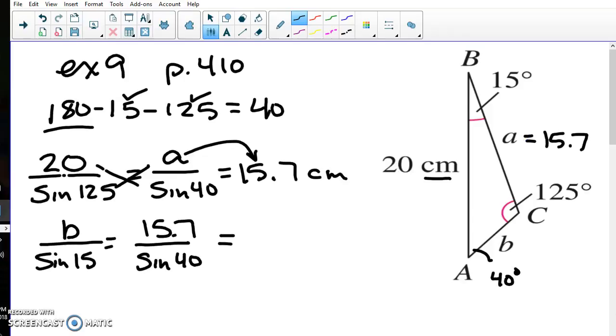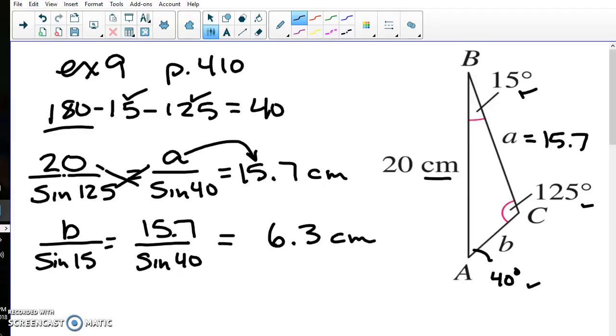And in doing that math, you should have found that the side B is approximately 6.3 centimeters. So we got our 4 angles. We calculated our missing 2 sides, and that concludes problem 9.